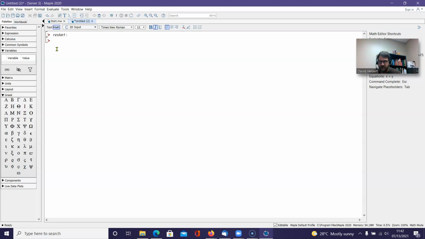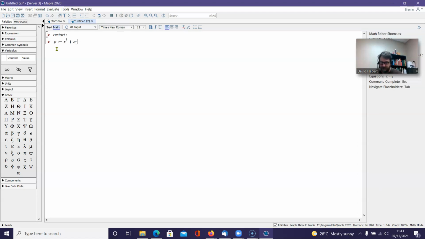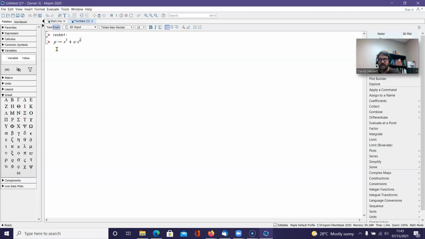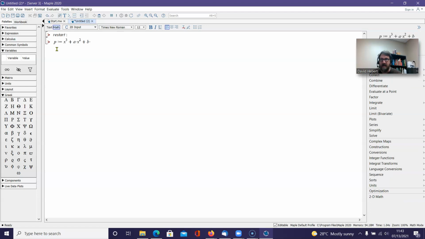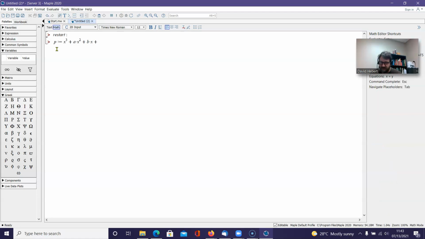All right, so the first thing I want to do is have an expression. An expression is something where you have an assignment statement, P, colon equals, and I'm going to type in an expression that is x to the third power, x cubed, plus a times x raised to the second power, plus b times x, plus c.